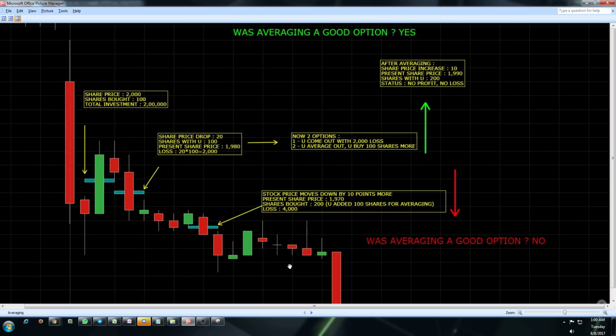The averaging funda is becoming common day after day. You can see a lot of people averaging out their positions. It has pros, it has cons. So you have to be very much aware of what good can happen and what bad can happen if you average out. I hope this is some helpful info that I have shared with you guys.